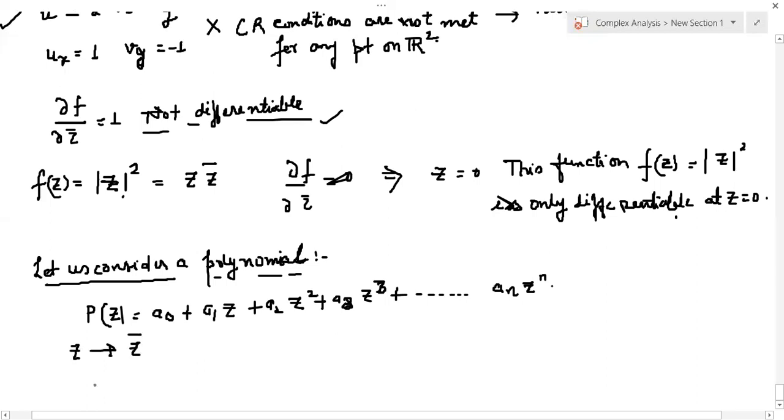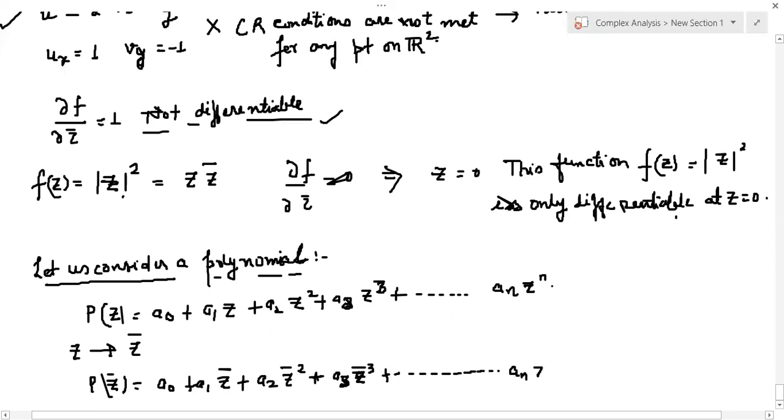So I am replacing z by z bar. Now the polynomial becomes simply a naught plus a1 z bar plus a2 z bar whole square plus a3 z bar cube, and at the end an z bar whole raised to n.